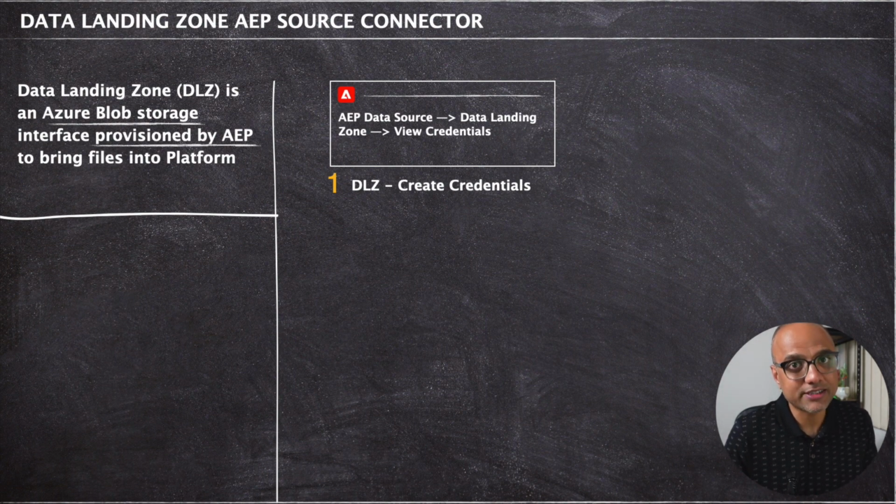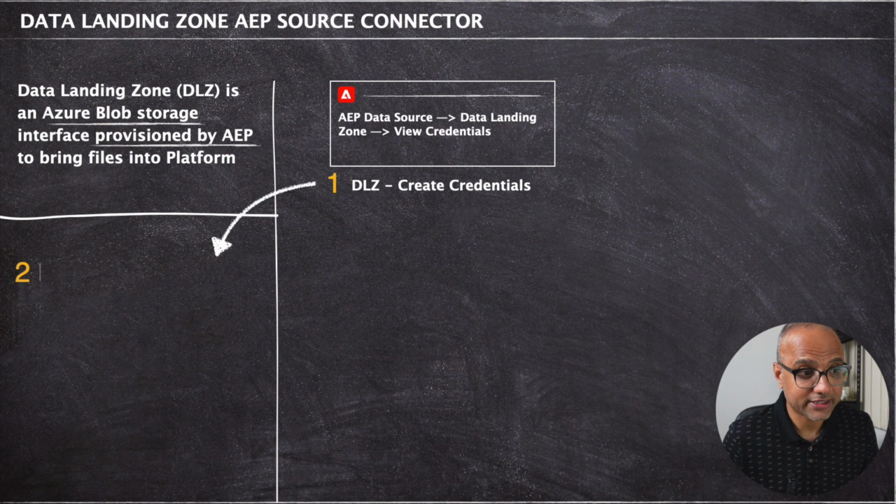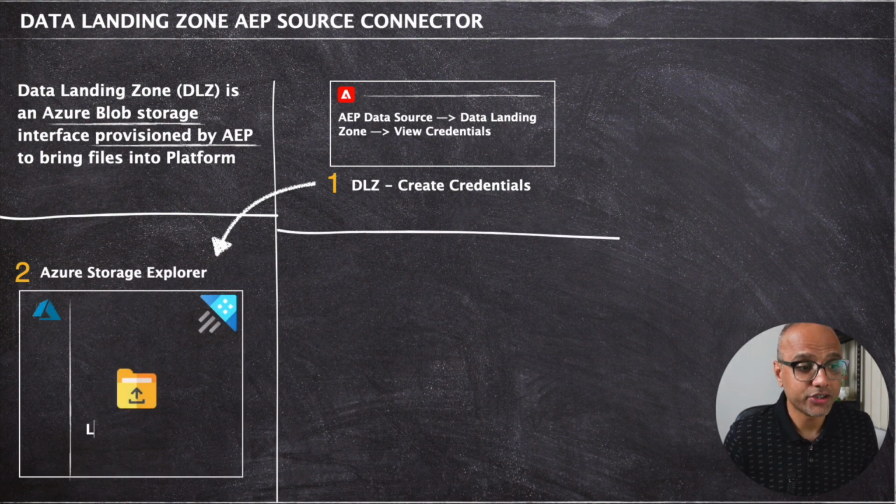Now, you'll end up using these credentials to log in into the Azure storage, either via terminal or via the Storage Explorer. So in our case, let's assume we're using the Storage Explorer UI, and you log in and upload a file within the Storage Explorer.